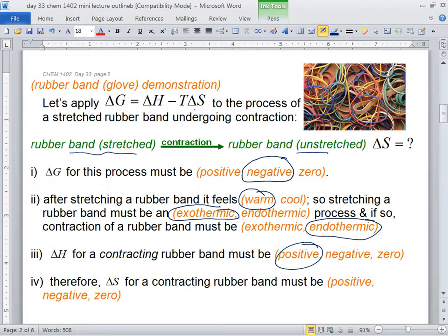All right, so let's throw our stuff in here. We want to see what the sign is for delta S. So we said delta G is negative. That's a negative number. This is the contracting rubber band. Remember, we have products over here, reactants over here. This is delta G for that reaction. We said delta H is positive for this contracting rubber band. What sign do we put on T?